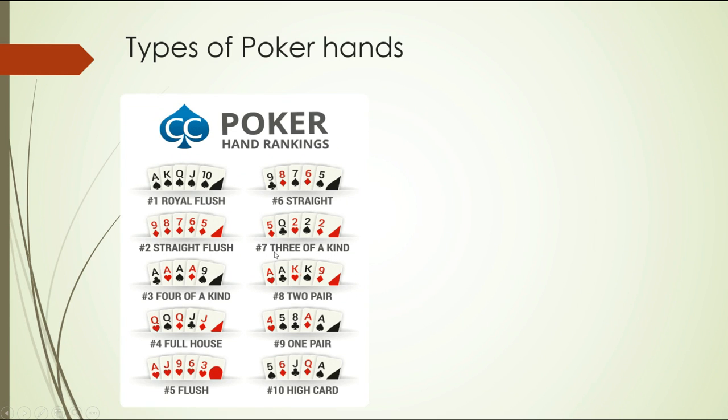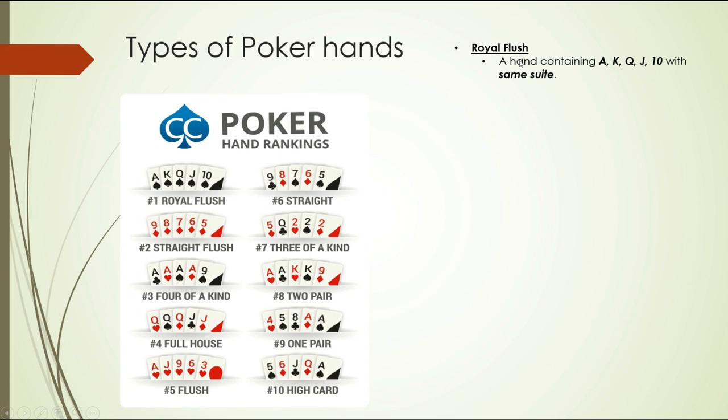Right below that is a straight flush. Below that we have a 4 of a kind, and then a full house, a flush, straight, 3 of a kind, 2 pair, 1 pair, and a high card. So what I want to do right now is actually break this down for you so you kind of get a better understanding of what each one of these hands are.